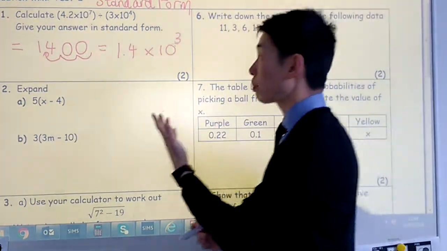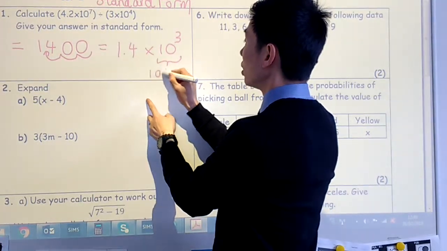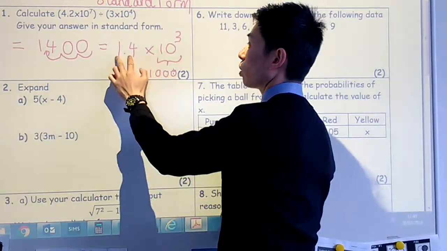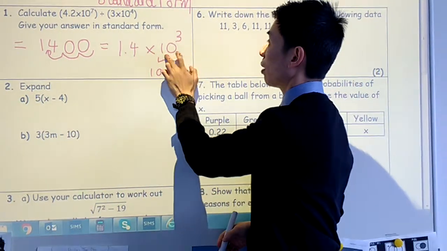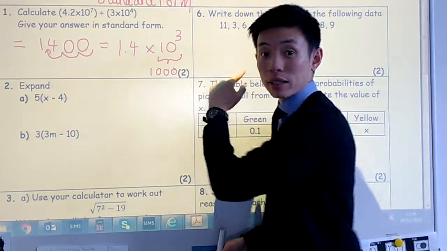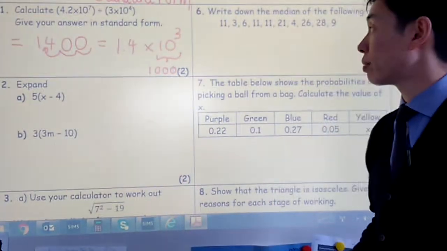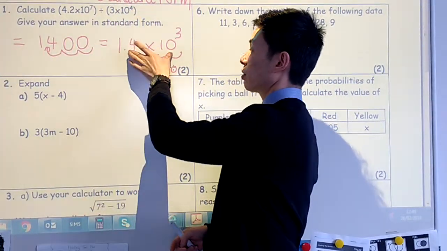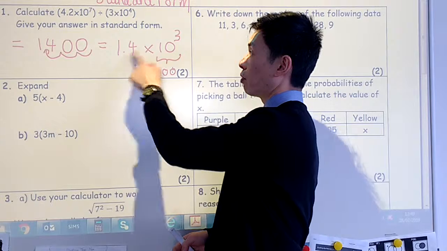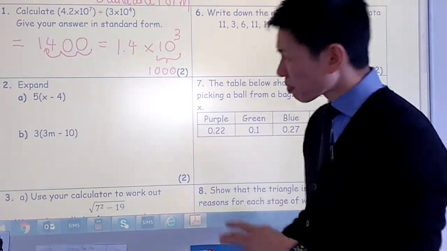Because 10 to the power of 3 is actually 1,000, so 1,000 times 1.4 would give you 1,400. That's all it is. So that's the answer for that. 1 mark for writing 1,400, 1 mark for writing 1.4 times 10 to the power of 3. All right, moving on.